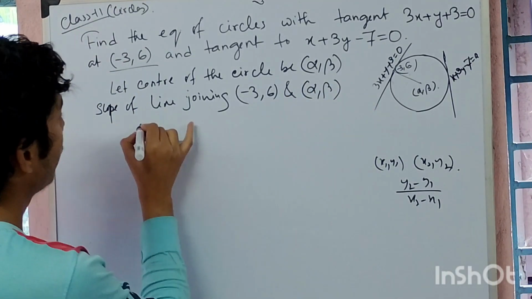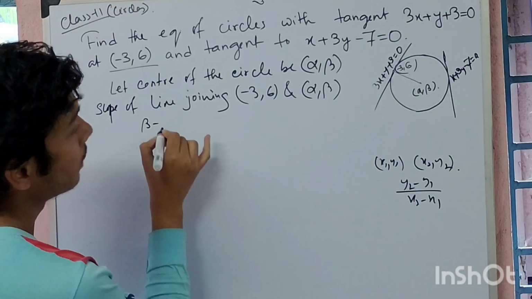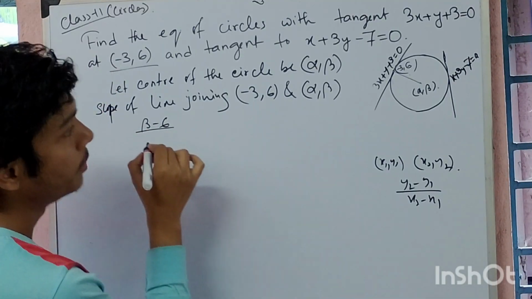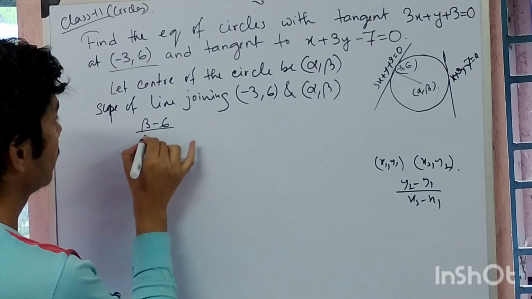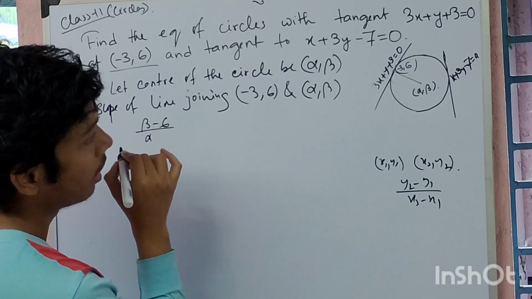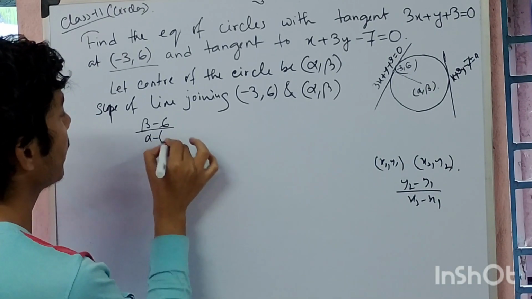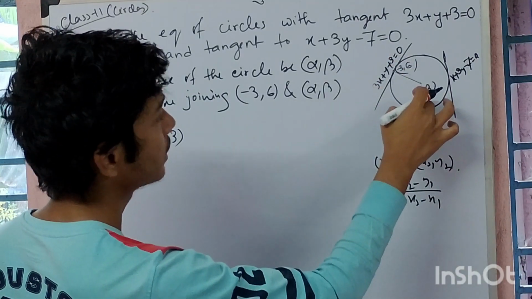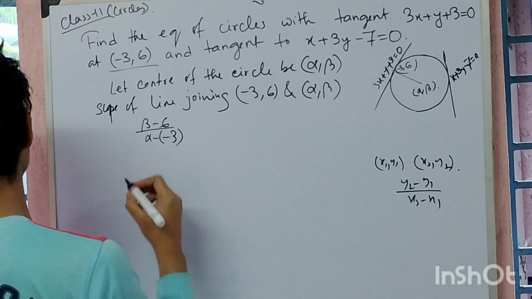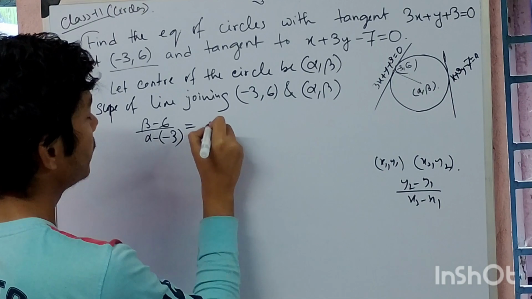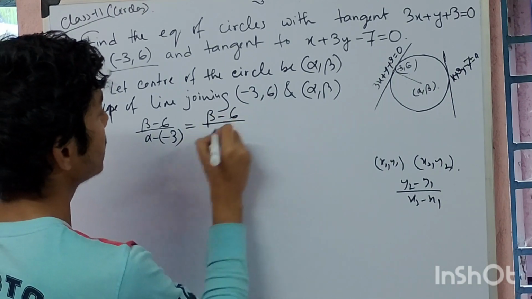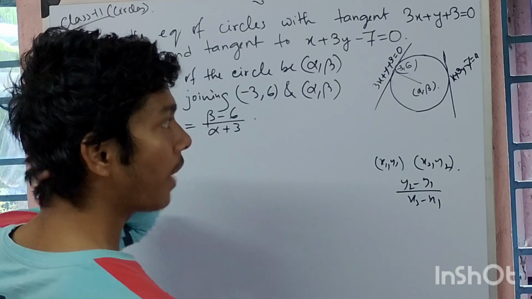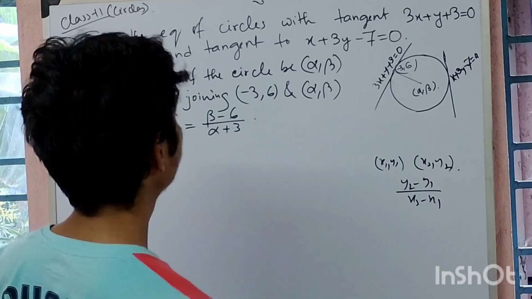The slope will be beta minus 6 by alpha minus of minus 3, that is y2 minus y1 by x2 minus x1. After a little simplification, it is beta minus 6 by alpha plus 3. This is the slope.